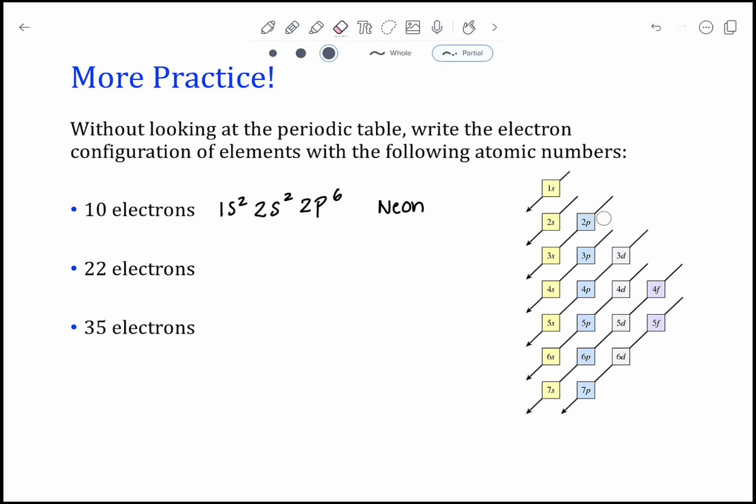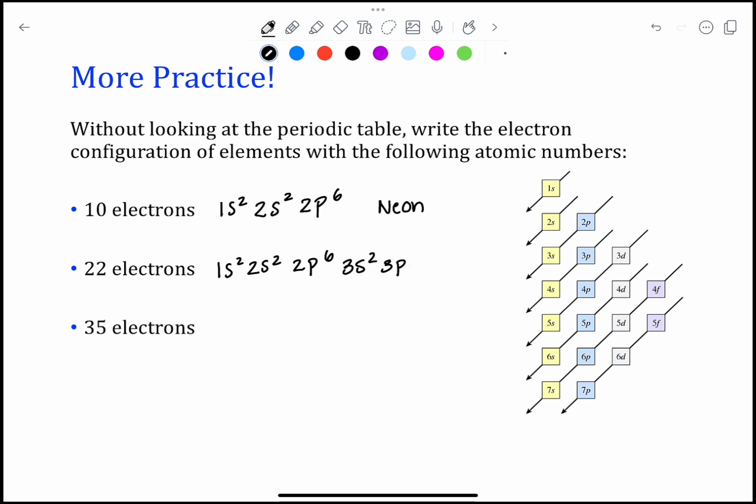Now what I want you to do is pause the video and try these last 2 problems on this slide for 22 electrons and 35 electrons. Okay, 22 electrons puts us at 1s2, 2s2, 2p6, that's 10 electrons. So we have 12 to give away. 3s2, 3p6, 4s2, 3d2.